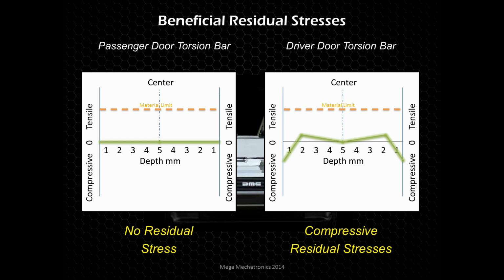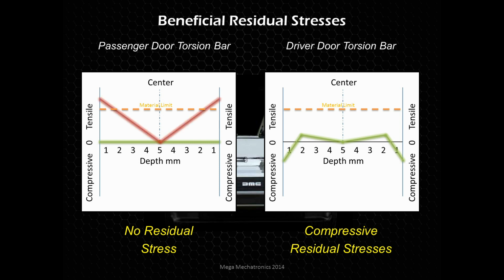So you can see on the driver's side door, at the surface of the part, there's a compressive stress. And then as you go deeper, it'll transition into a tension stress because these stresses have to balance out within that material. But you see there's a compressive residual stress at the surface of this torsion bar. So what happened? Why did it fail and why was it sagging?